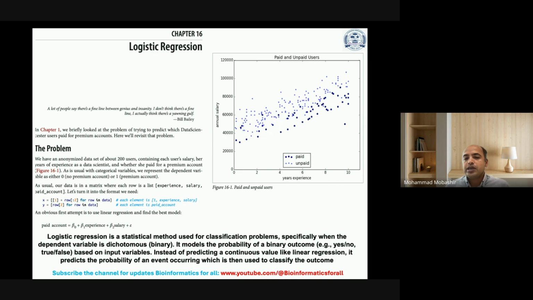Instead of predicting a continuous value like linear regression, it predicts the probability of an event occurring, which is then used to classify the outcome.